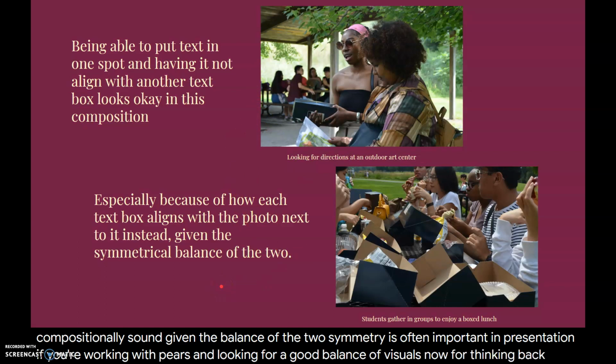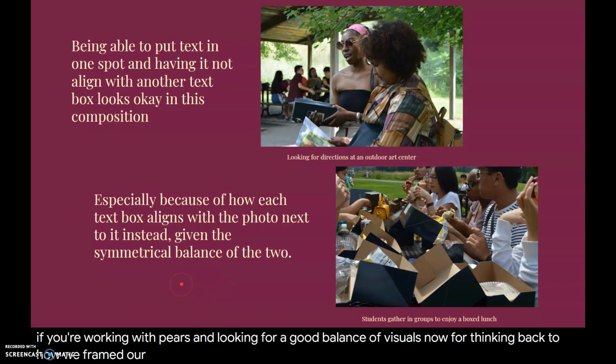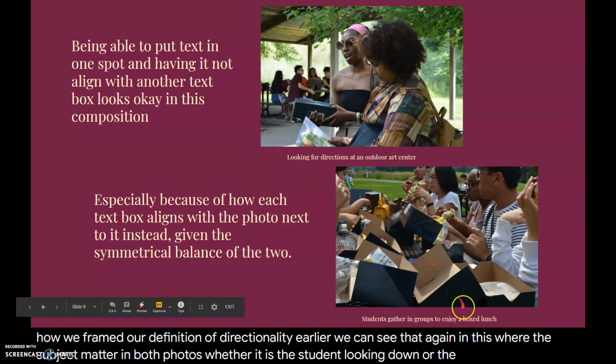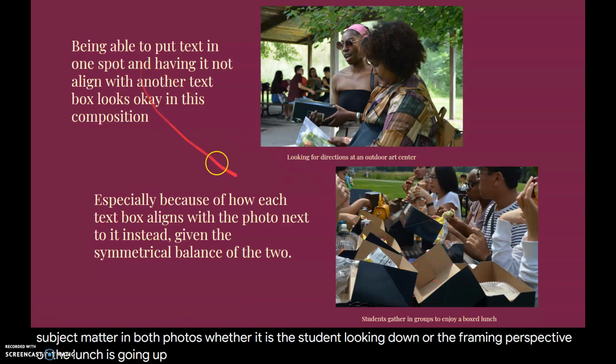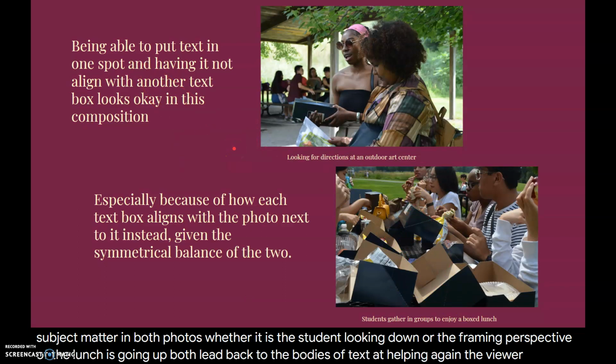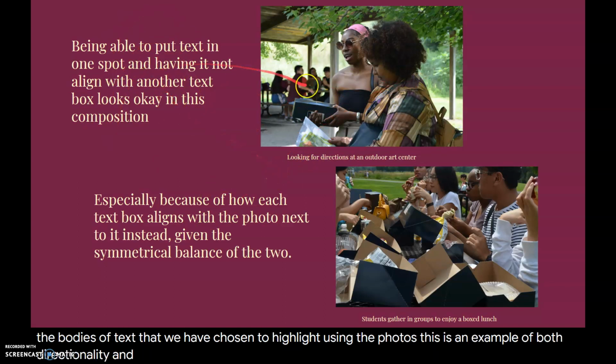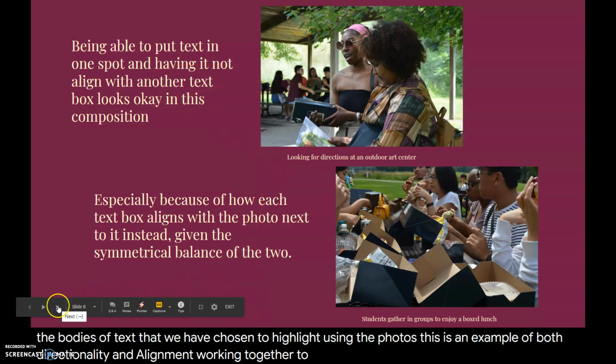Now, if we're thinking back to how we framed our definition of directionality earlier, we can see that again in this, where the subject matter in both photos, whether it is the student looking down or the framing perspective of the lunch going up, both lead back to the bodies of text, helping again the viewer center the bodies of text that we have chosen to highlight using the photos. This is an example of both directionality and alignment working together to center our theme.